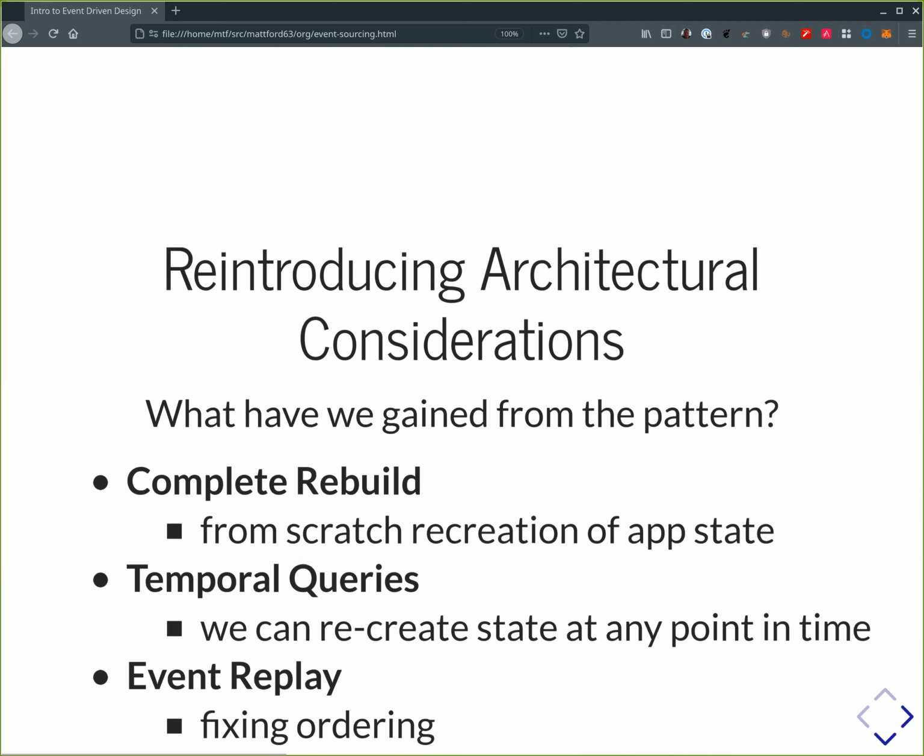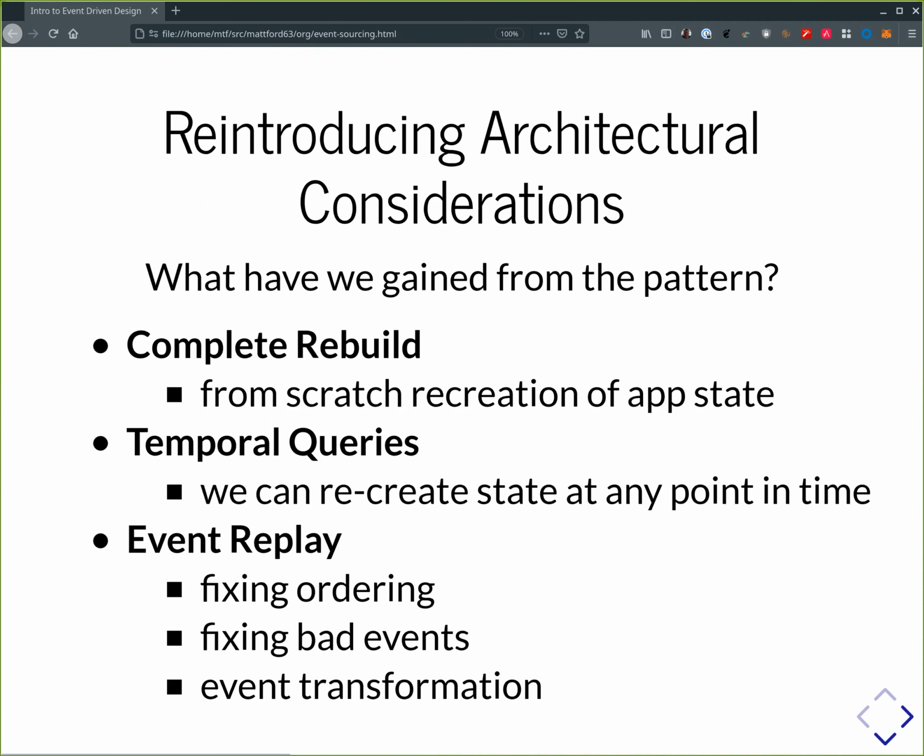Because those three things, when we start to reintroduce architectural considerations, let us do stuff like this. If our application is completely nuked, we can rebuild it from scratch. Basically, if we step through every one of those event log objects in the order that they were saved, we can recreate the state of our ships.